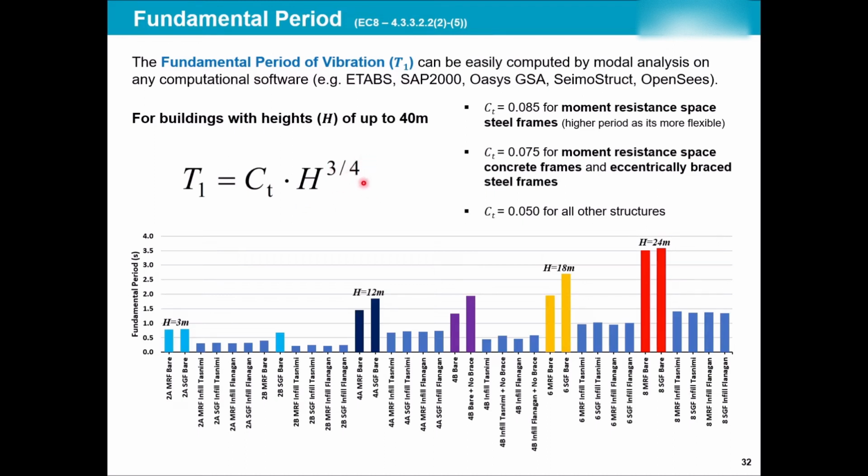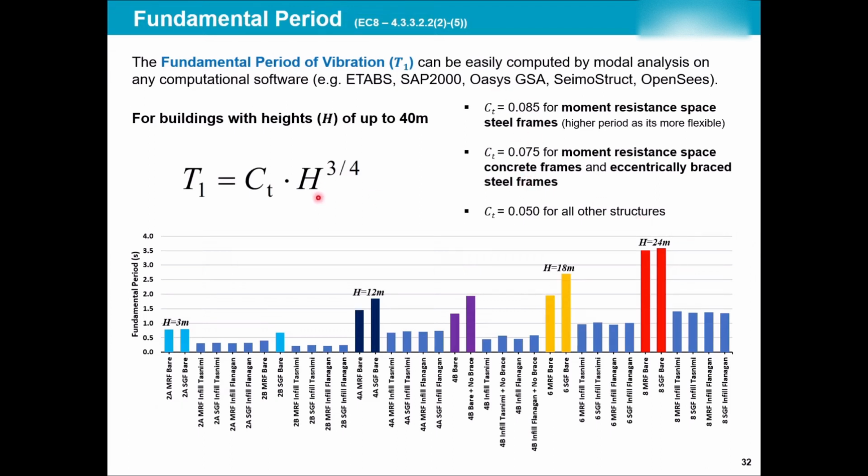This is for buildings up to 40 meters. For moment resisting frames, it suggests CT of this value. For moment resisting frames of concrete and steel, different ones, and other structures like if it's timber or if it has infills or anything, there are other values.